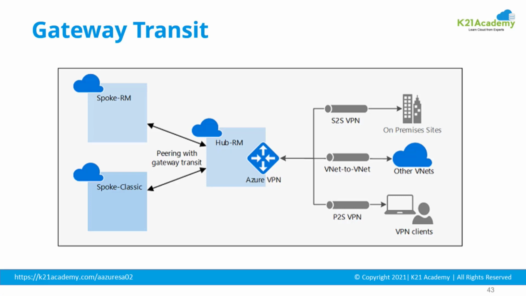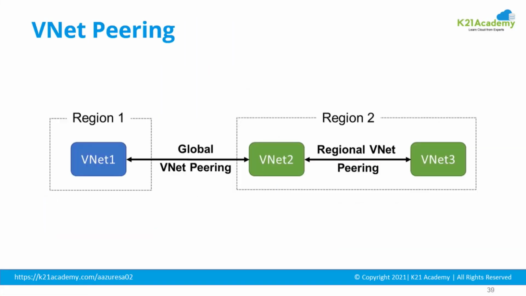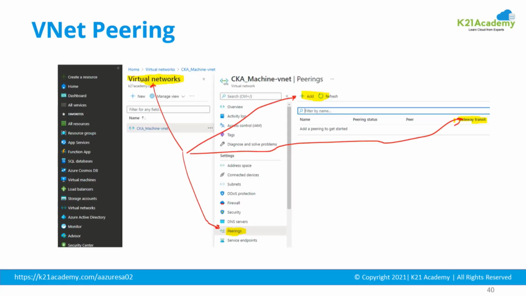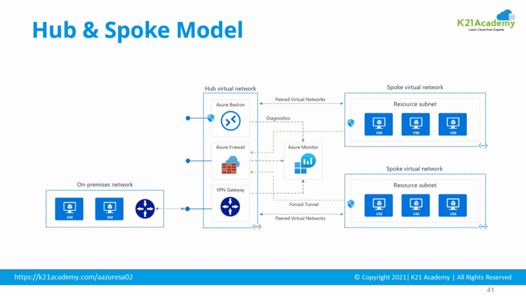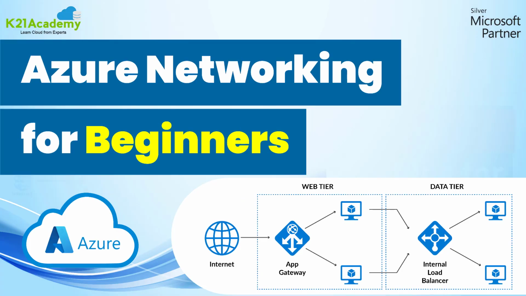So I'm peered, but with gateway transit. This can talk to these, and this can talk to these as well through this VPN that we've configured because we enabled gateway transit. So that completes VNet peering, which is of two types, global VNet peering or regional VNet peering, plus the hub and spoke model with a setting called gateway transit.